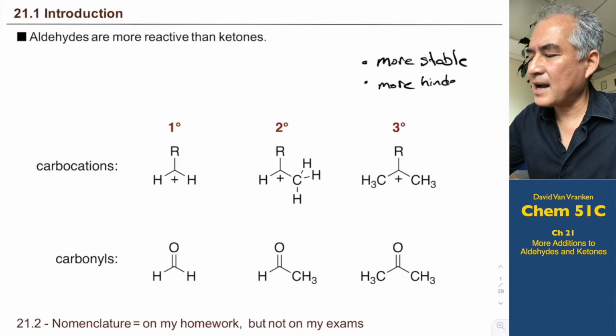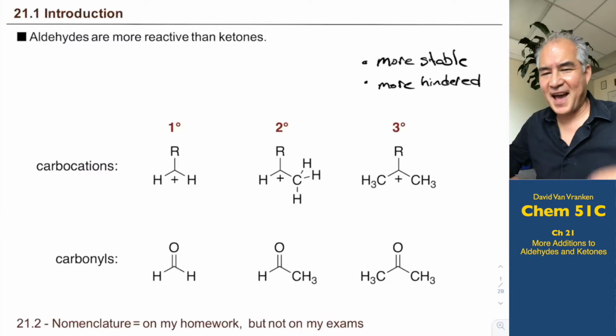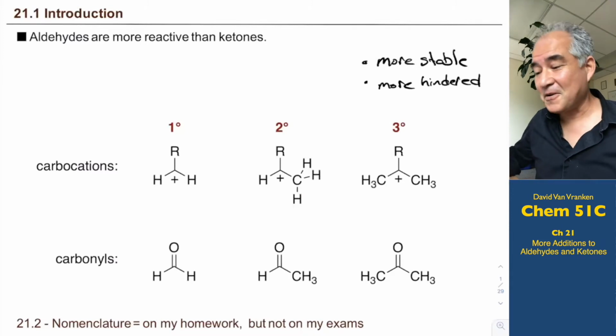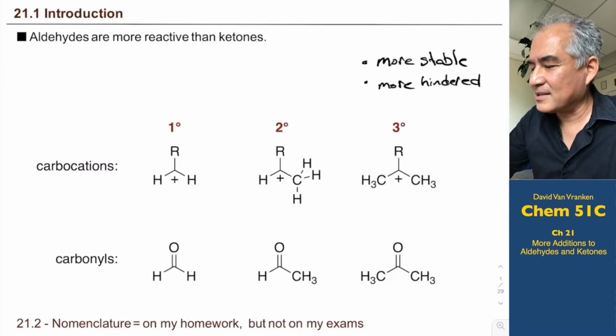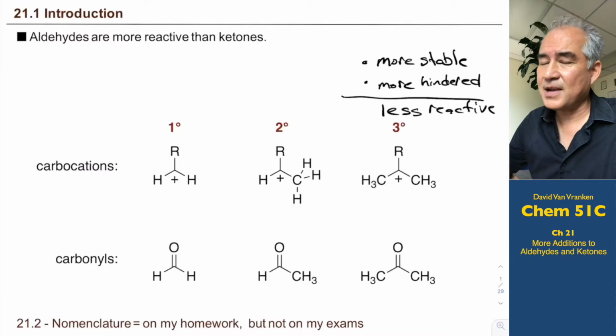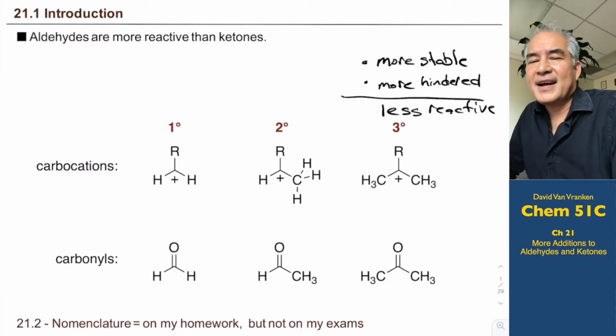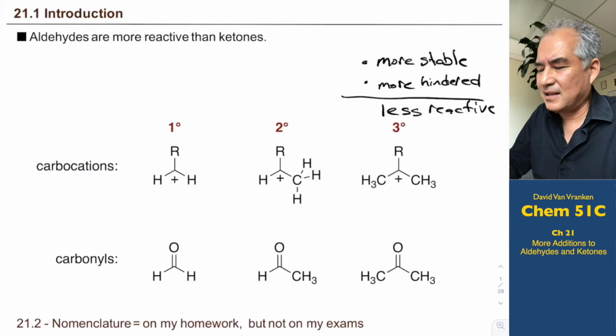Now, carbocations are so reactive. Right? Hindrance doesn't usually stop a carbocation from reacting. Maybe SN2, but not additions to carbocations. But the end result of these two effects of being more stable and more hindered is that tertiary carbocations, in theory, are less reactive than primary carbocations. Now, carbocations, again, are so reactive, you're never going to see the effects of this.